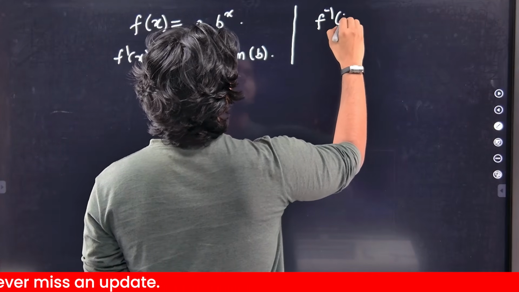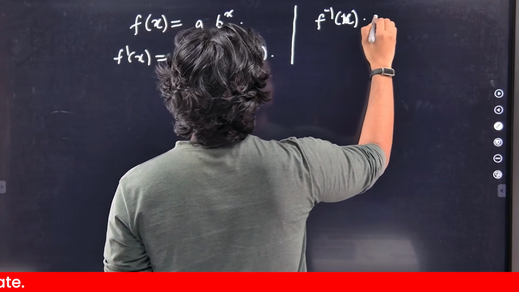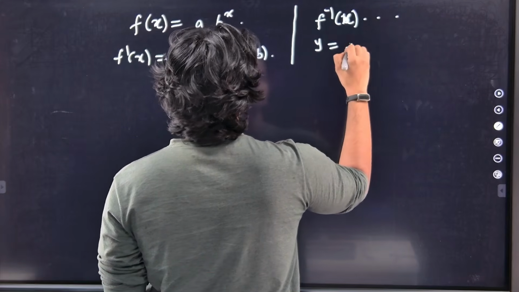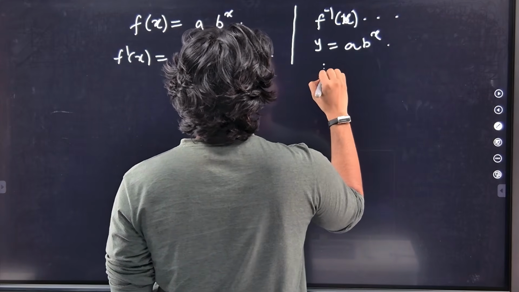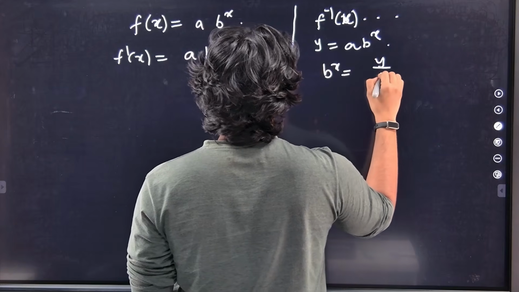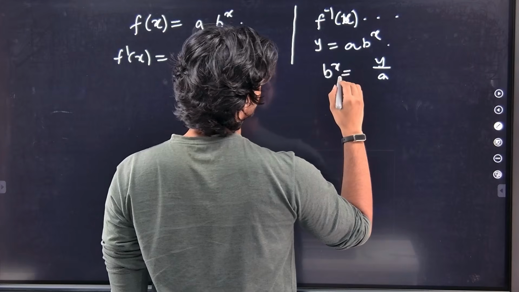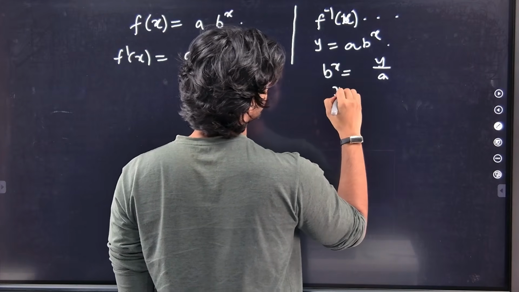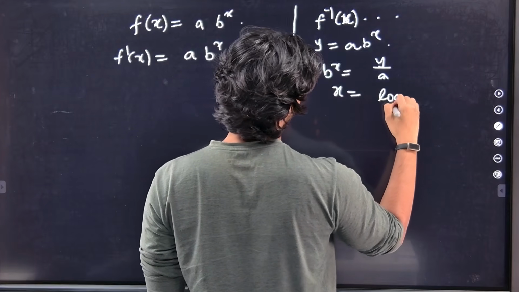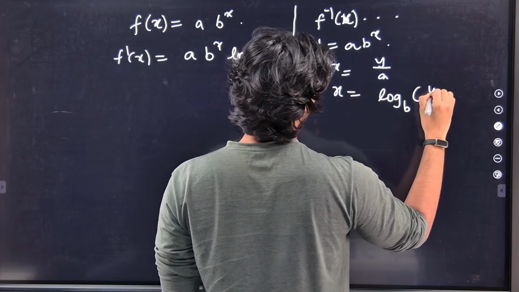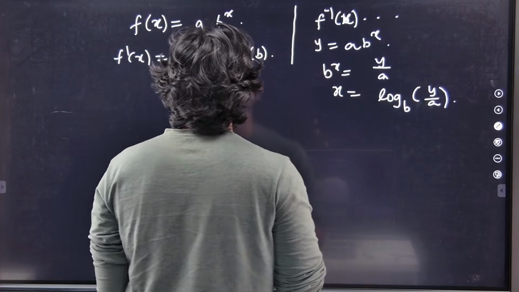And f inverse of x, how would that be? So if y is equal to a b power x, b power x would be y by a. And what would we do? x is equal to log base b of y by a. So that is the inverse.